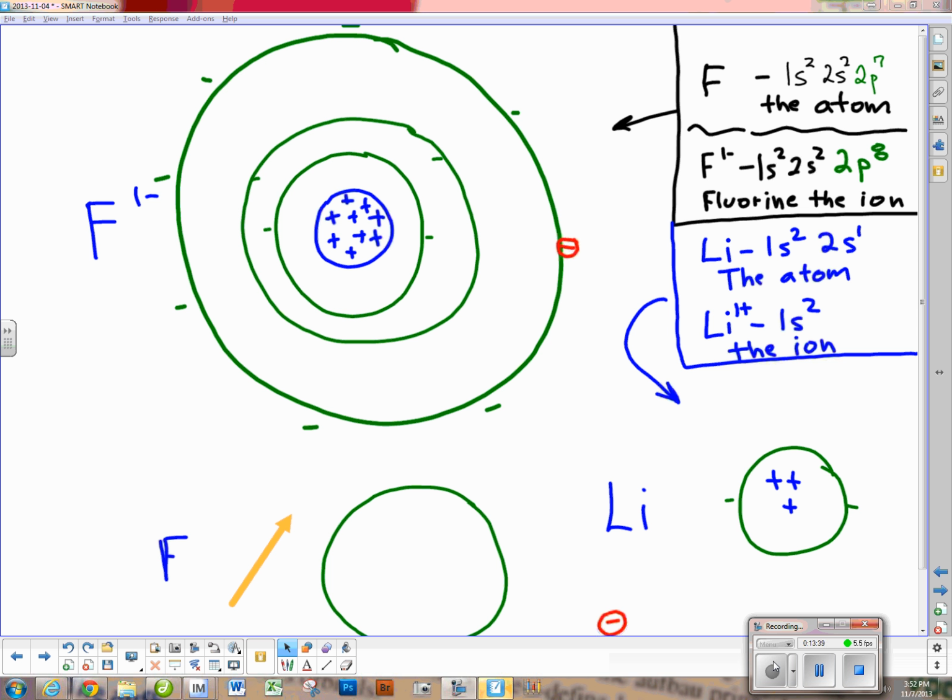So that's why our little lithium atom here is becoming smaller, and this fluorine atom, when it became an ion, got bigger. And this is because of all these electrons now, because there's so many of them, they're pushing each other away from each other a little more, and there's no more positive to pull them back in, because the number of protons can't change, or else we would not have fluorine.